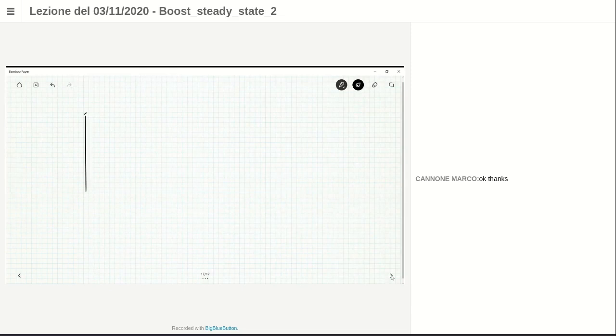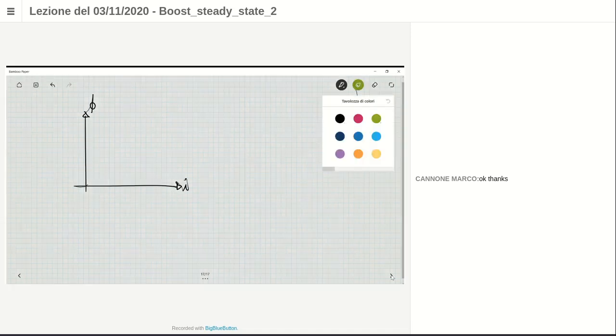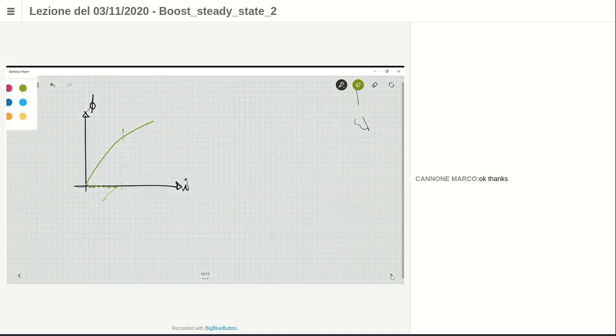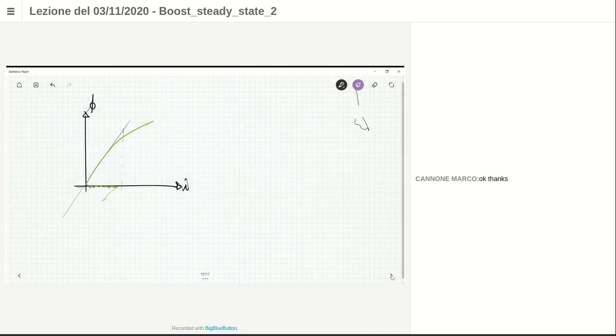If you have the graph of the flux versus the current of that specific inductor, you have a curve which is something like this. So for a limited interval of current here, the ratio between the flux and the current is almost constant. So you have L.